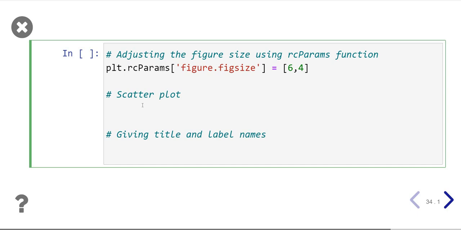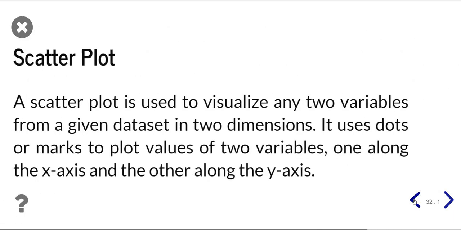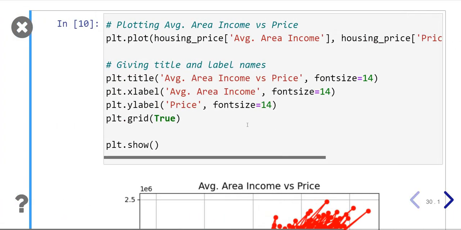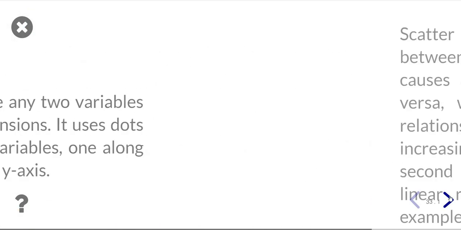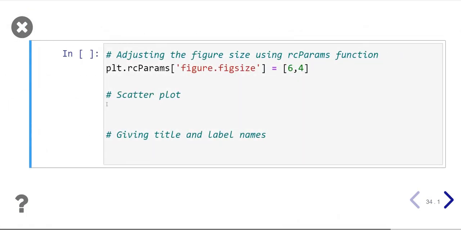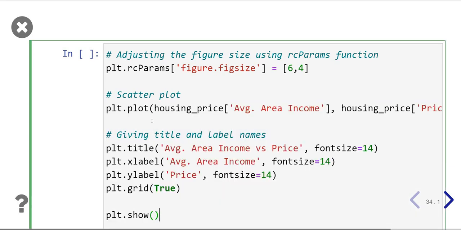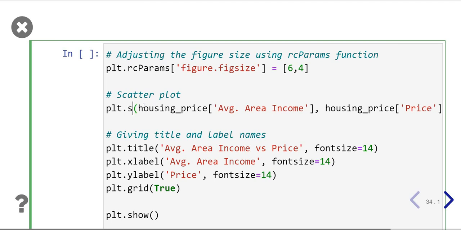So now let us use the scatter plot. The scatter plot is the same thing as how we used before, so I'm just going to copy paste this whole thing. Instead of plot, which by default uses line, here we're just going to change to scatter.